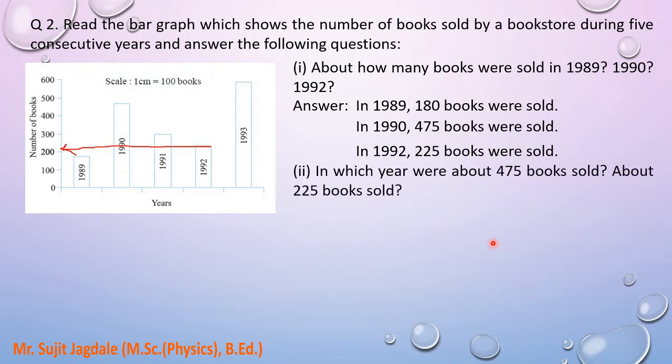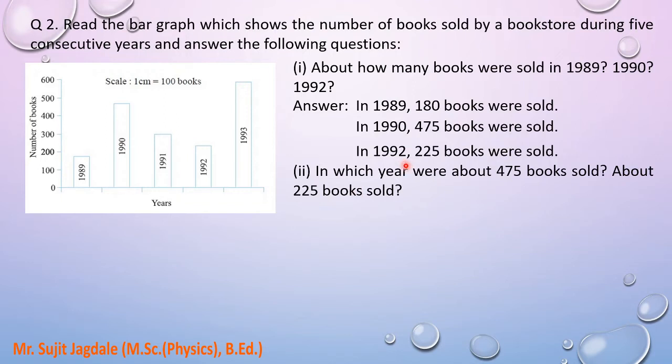In the same way, second question: in which year were about 475 books sold, and about 225 books sold? So two questions are there. You have to find out a year in which about 475 books were sold and about 225 books were sold.